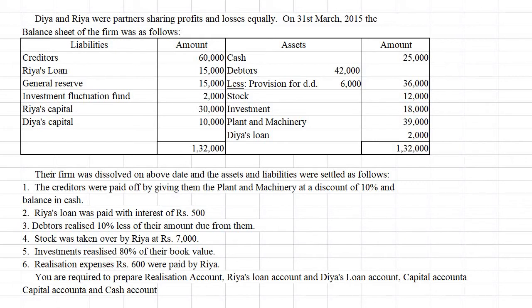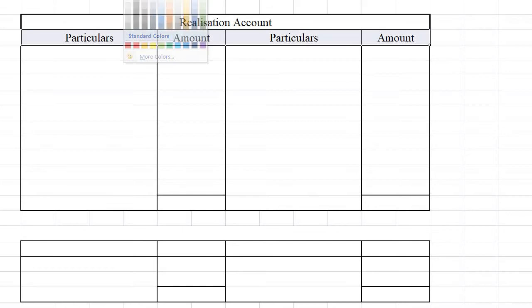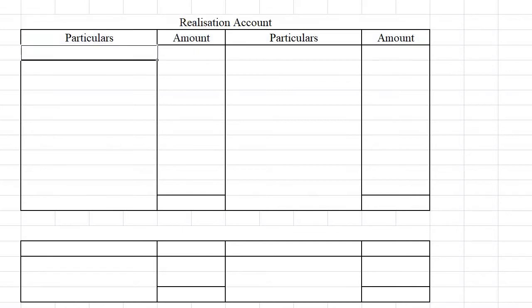Let us see how to prepare the realization account first. Here is the realization account. We have kept it ready. First of all, we have to transfer all the assets one by one. Debtors we have 42,000 and stock we have 12,000.